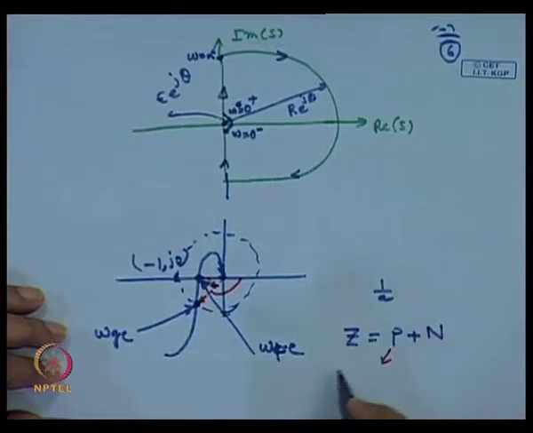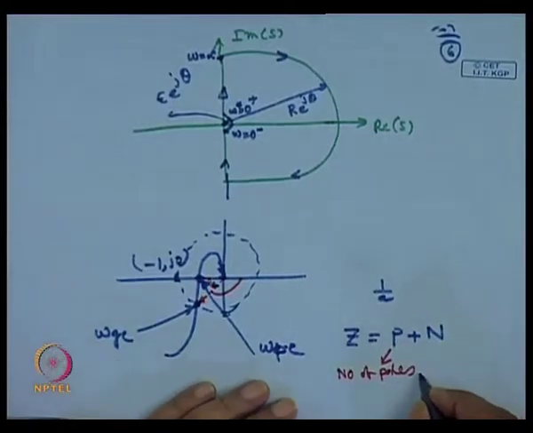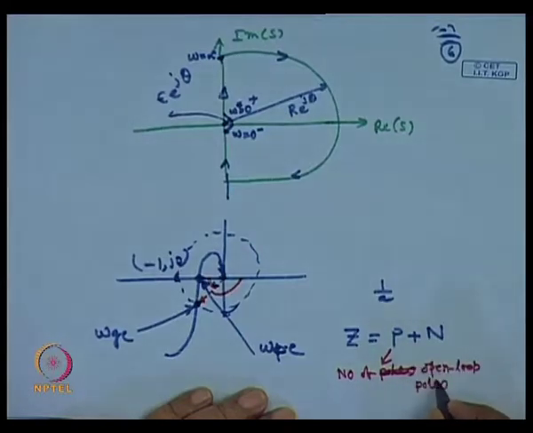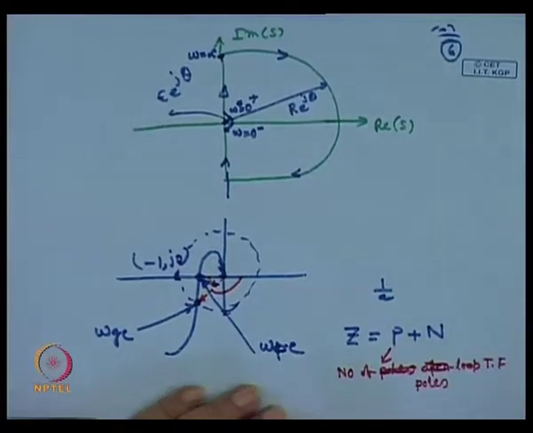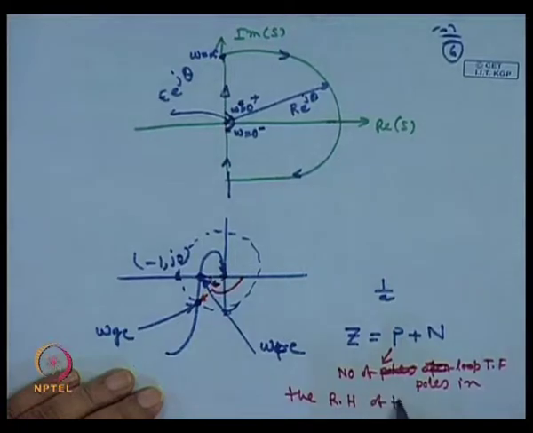This is, you can say, P, the number of open loop transfer function poles in the right half of the S plane.